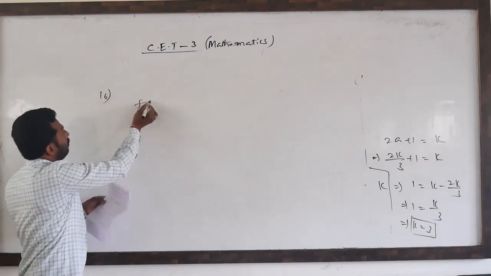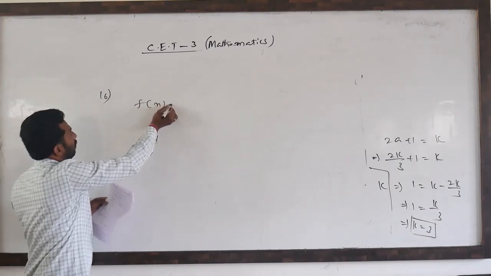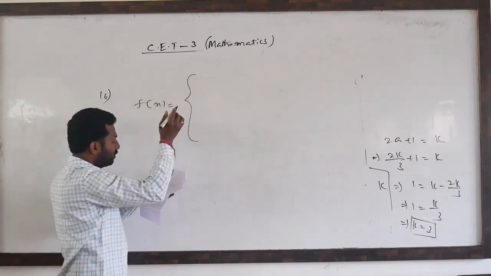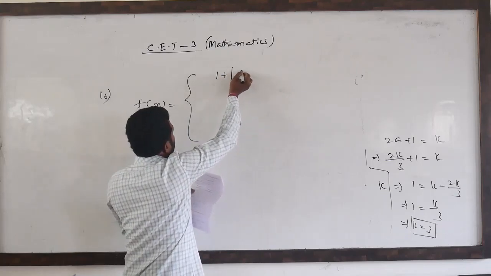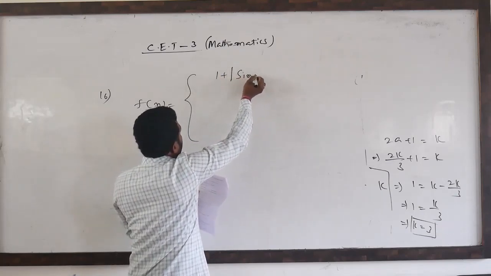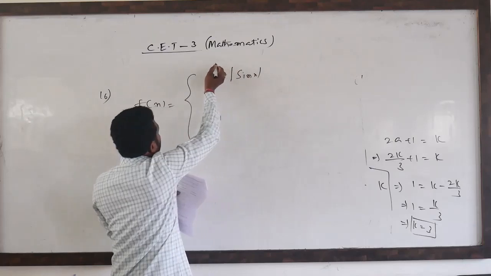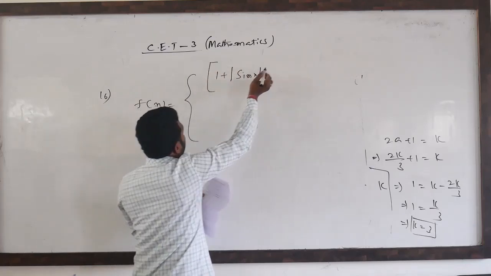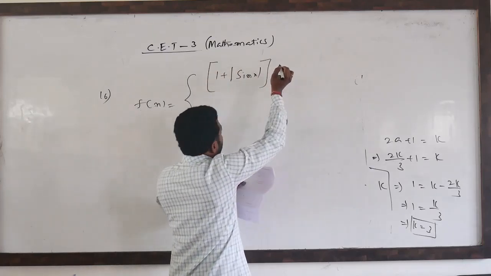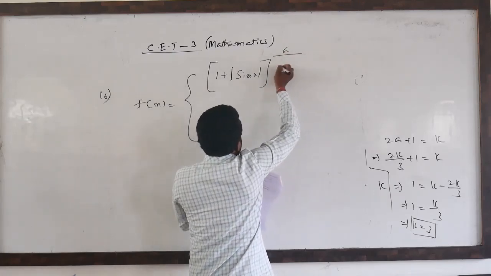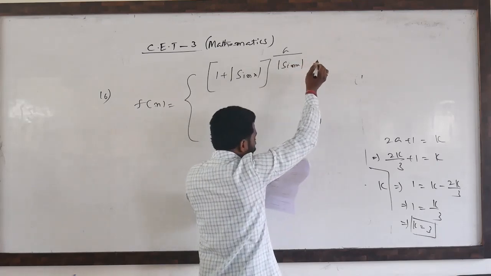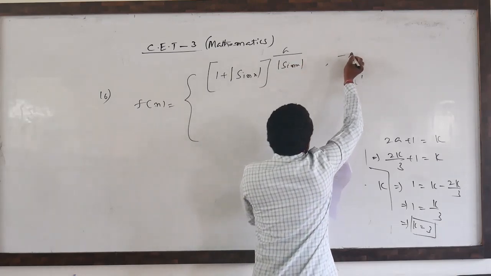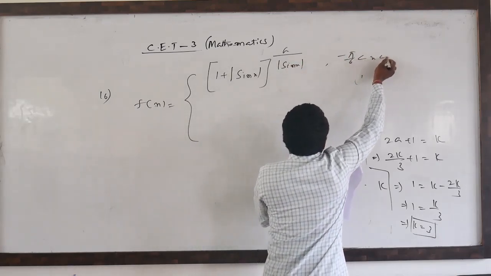f of x equal to (1 plus modulus of sin x) whole power a divided by modulus of sin x when minus pi by 6 less than x less than 0.